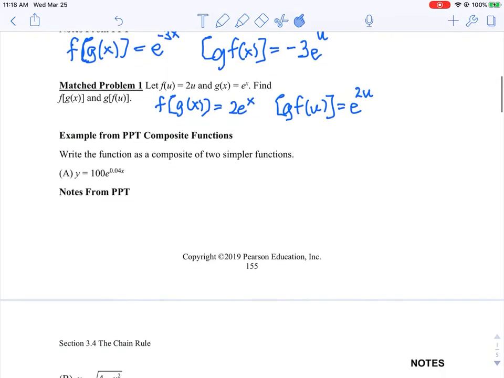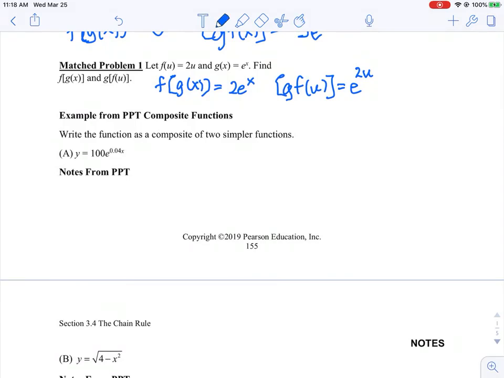Now let's write a composite function as two separate functions. So in the first example here, we have f of u is our e to the u, and our g of x would be our 4x.